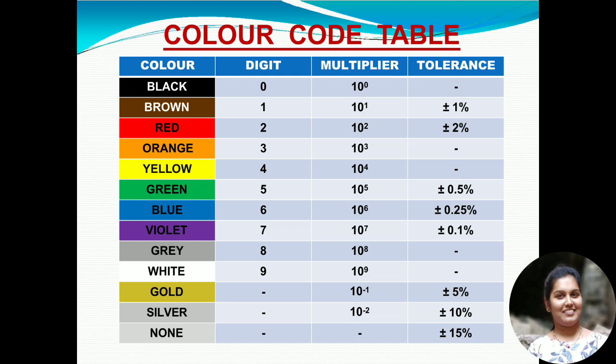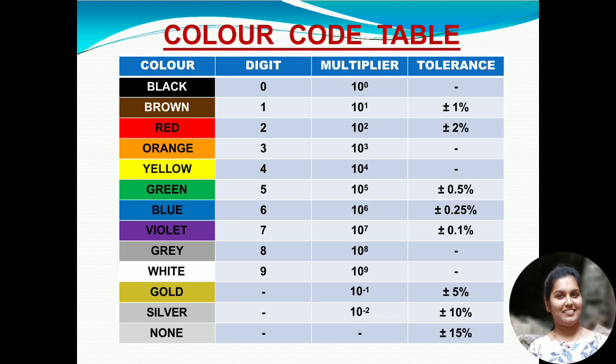And we have to write the third band. If the third strip is red, the third strip is indicating the multiplier. So the multiplication factor is with 10. As red indicates the value 2, the multiplier term is 10 power 2.